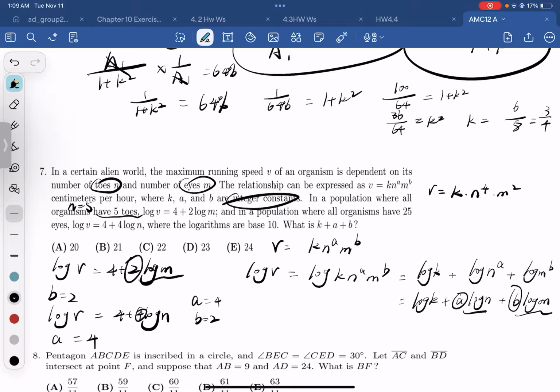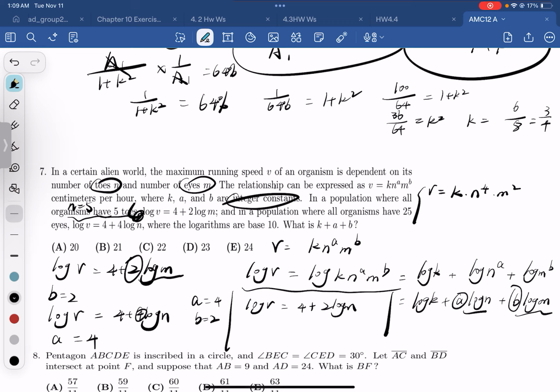That's super clear. And then if we plug in n, where the organism has 5 toes, into the relationship, we should simplify the log first. So log v equals 4 plus 2 log m.